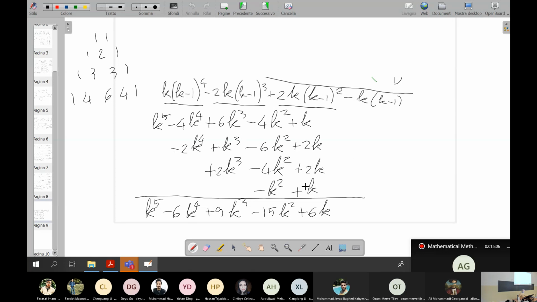It should be plus 14k, and the rest is correct. So it must be not 9 but 14k. The rest is correct. This should be 14. How come? In my notes, it's 14. So where was it wrong? Let's see what's wrong here. Thank you. This is the easiest one.